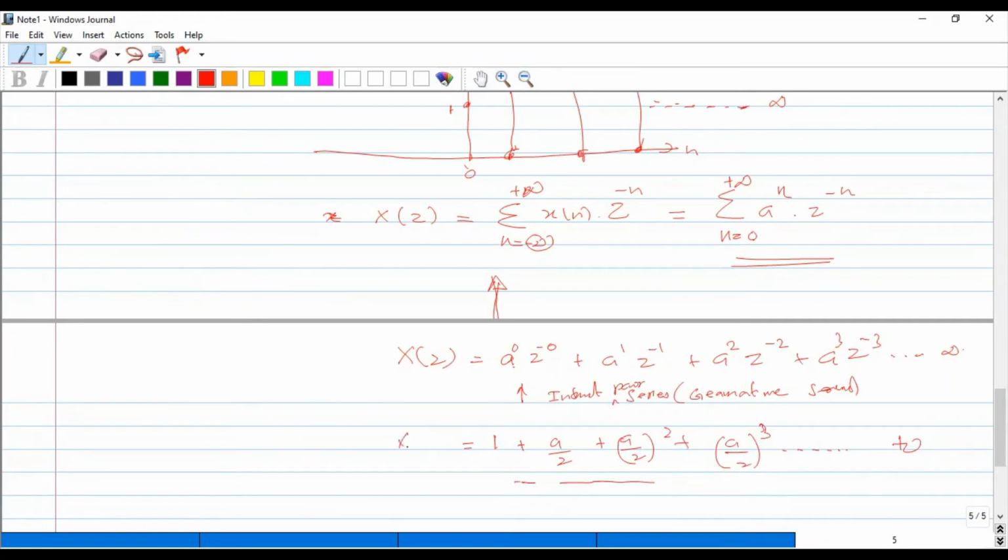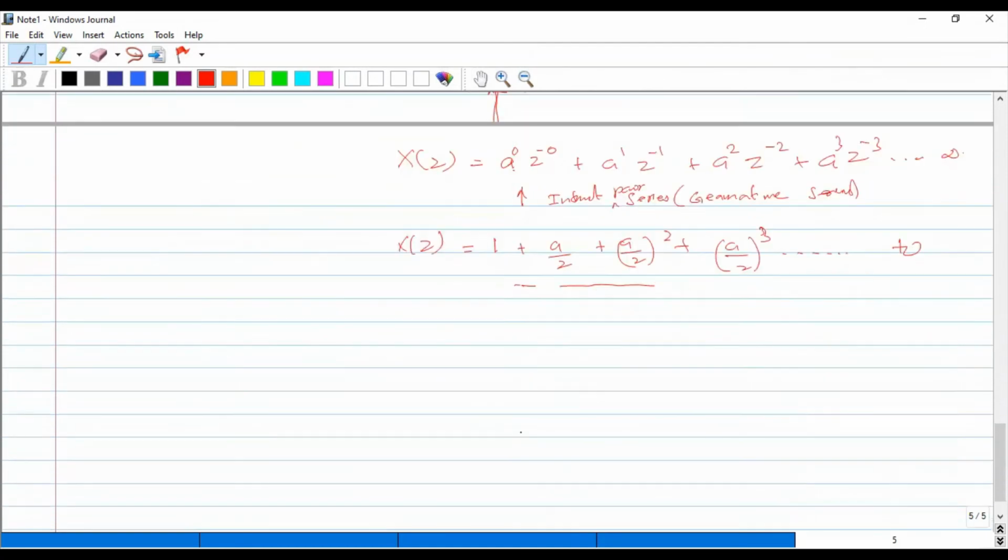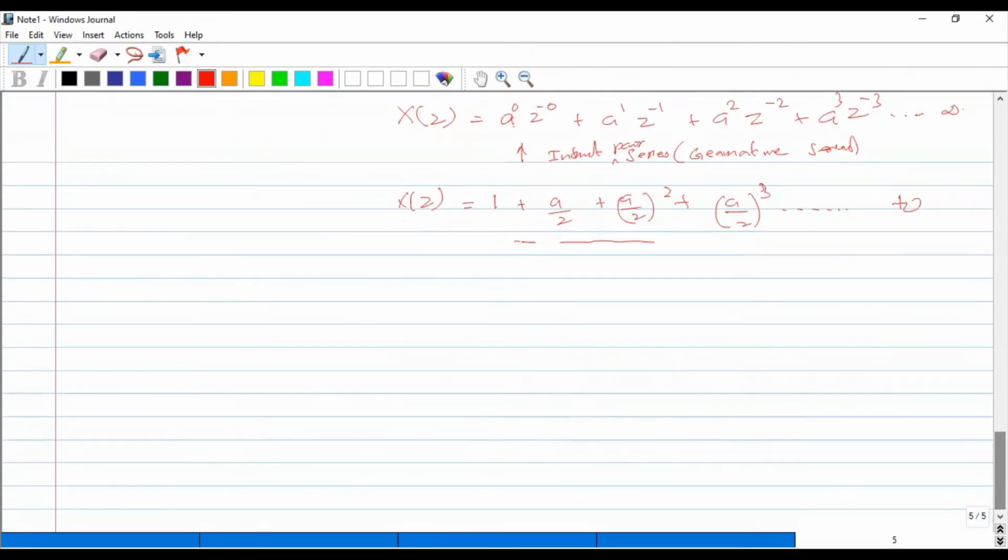When the power series is there, Taylor should also be there. So this one also we can represent as a Taylor series expansion, as a compact form. In our book it is 1 plus a plus a squared plus a to the power 3, up to infinity.